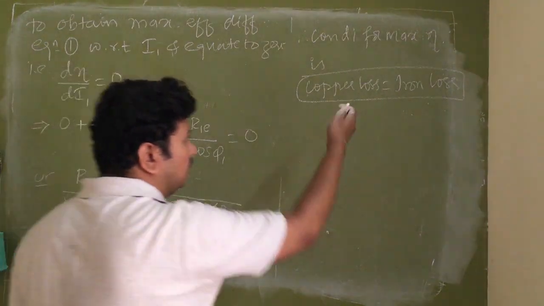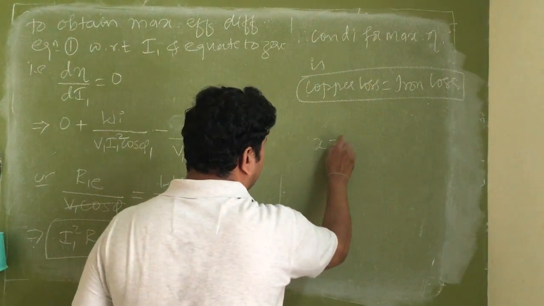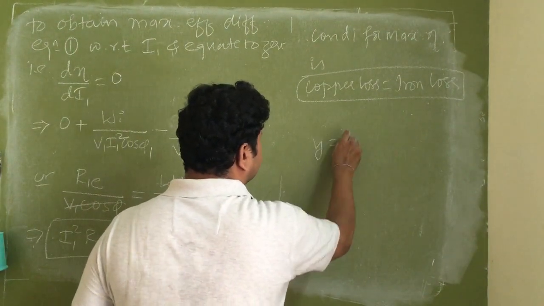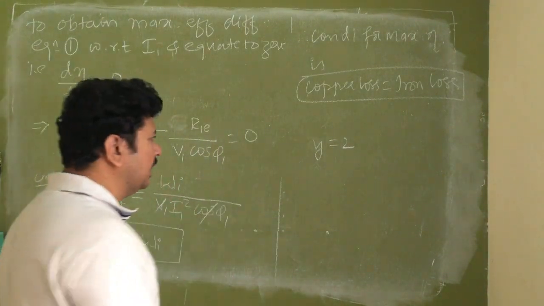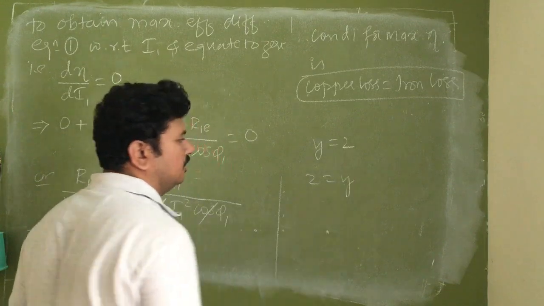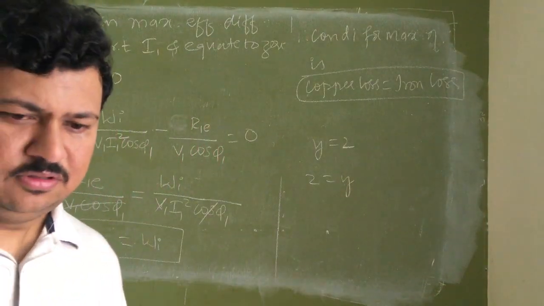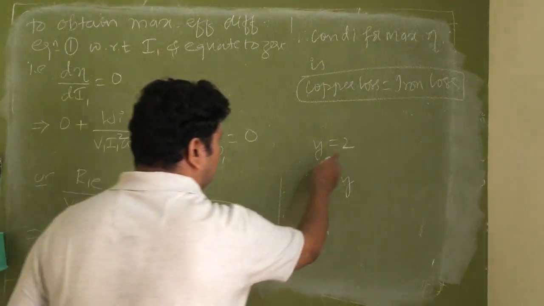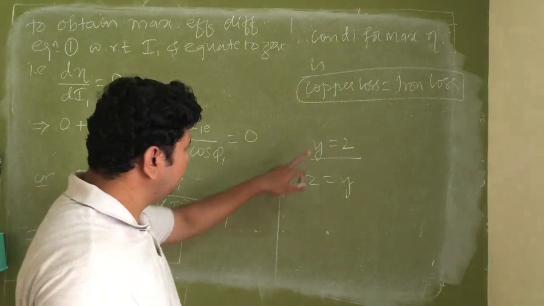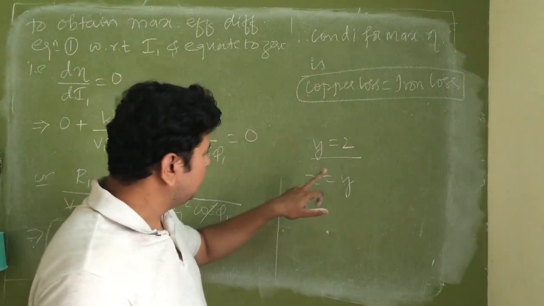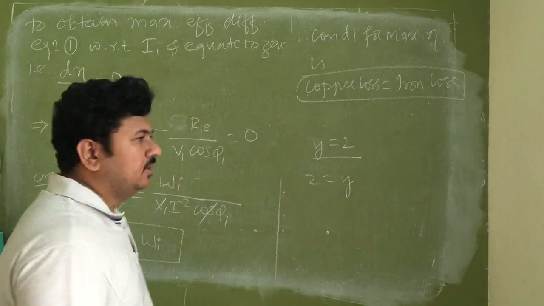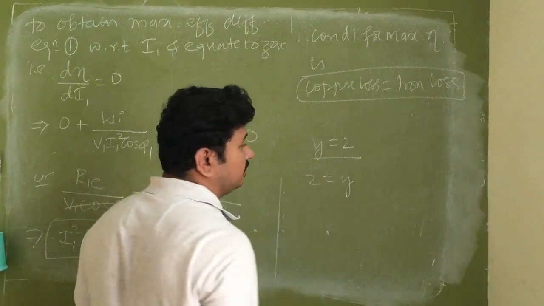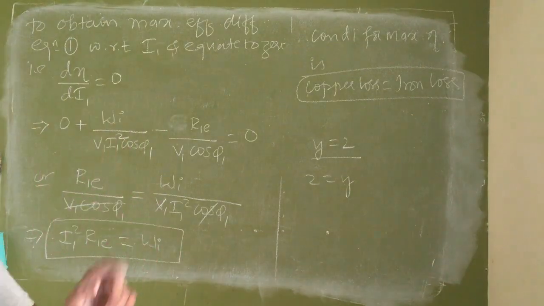I can write y equals 2, but because there is equality, I cannot write 2 equals y. A variable can take a constant value, but a constant cannot take a variable value. Constant is a constant. Therefore, copper loss is equal to iron loss, but not iron loss equal to copper loss.